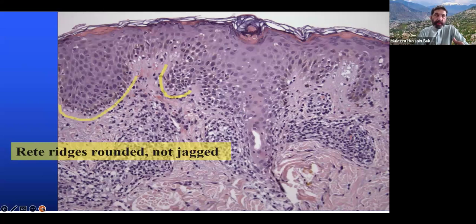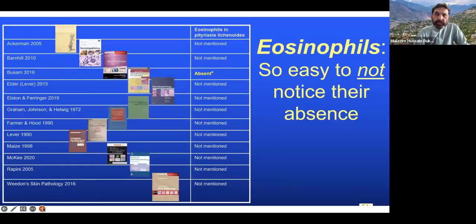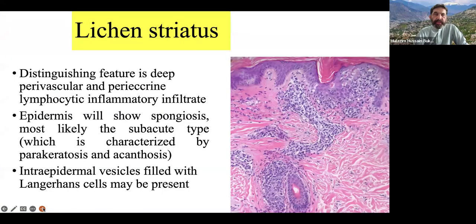They were not round, not finger-like, not thumb-like. While in pityriasis, they are rounded, depending upon the stage and the superficial involvement. So eosinophils are not important sometimes.